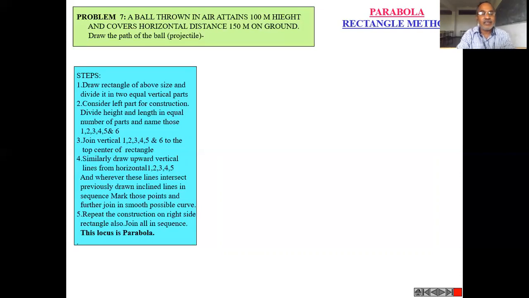So let us take like this: 150 meters be represented by 150 millimeters. That is, 1 millimeter on the drawing sheet is equal to 1 meter of original distance.